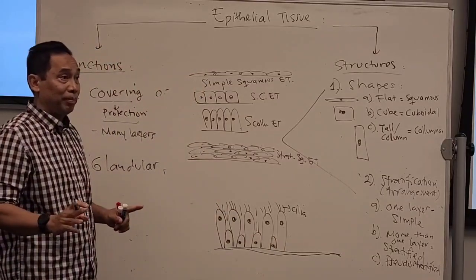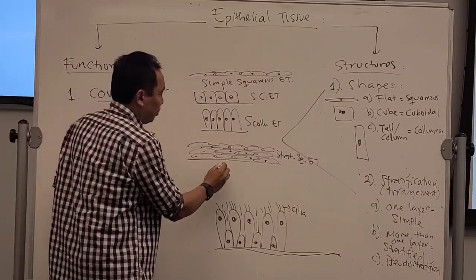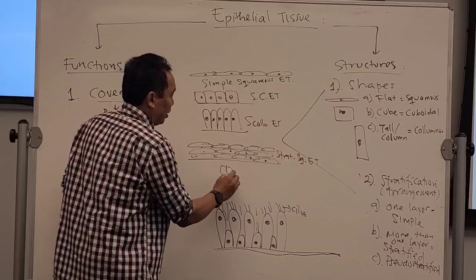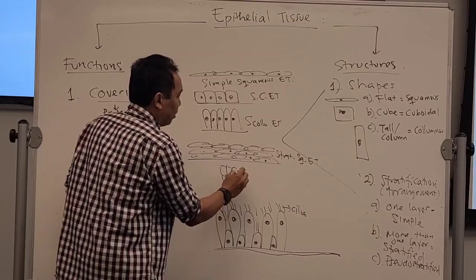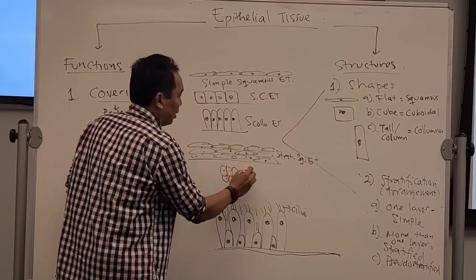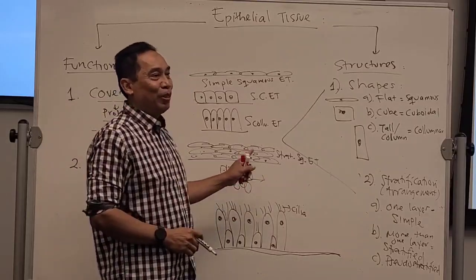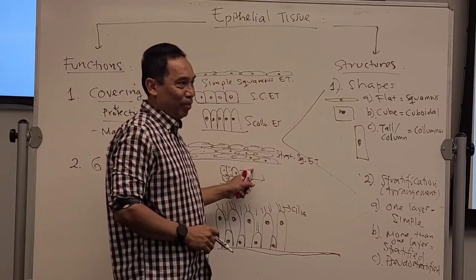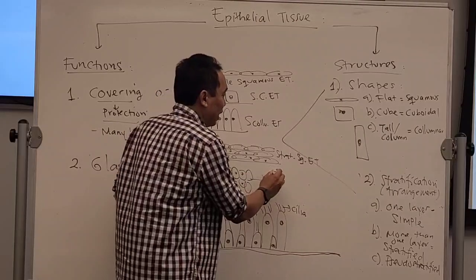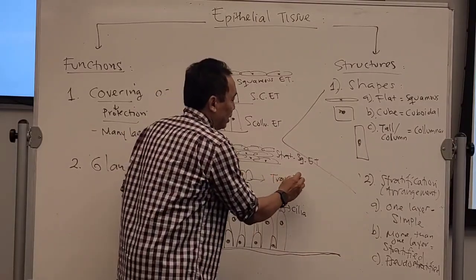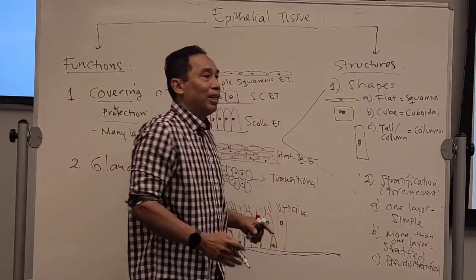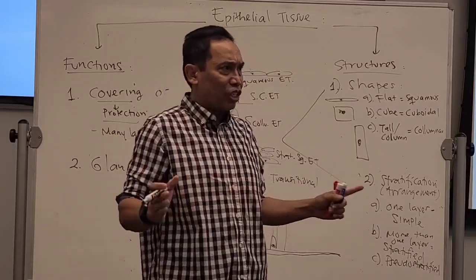What if it is cube, like in the bladder, for example, or in your kidney, but with many layers? Then what is the name? Stratified cuboidal ET. But in the kidney, sometimes it becomes transitional ET, because that has the ability to stretch.